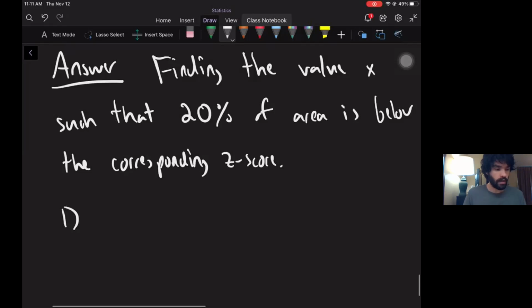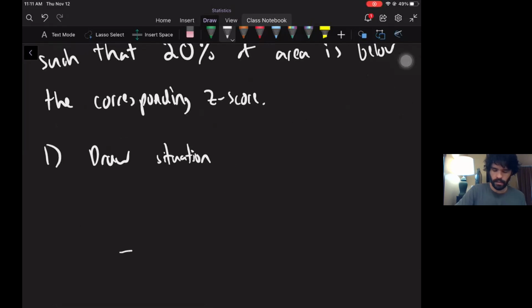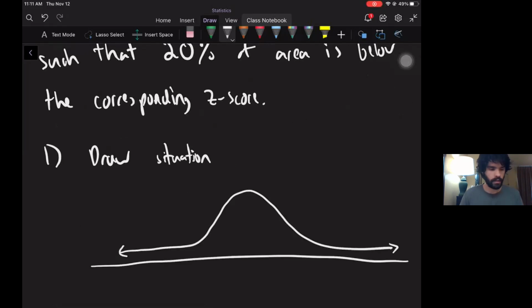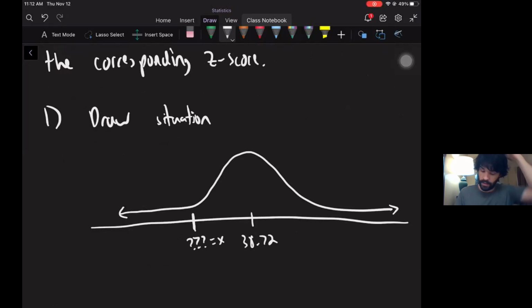Okay, so we're still going to draw the situation for step 1, just to sort of help us visualize what's going on. So now the idea is something like this. I still have that same exact normal probability distribution with 38.72 in the middle. And now what I know is, I don't know what this is right here. This is my little x that I'm searching for.